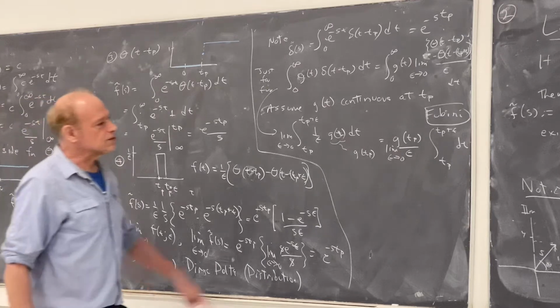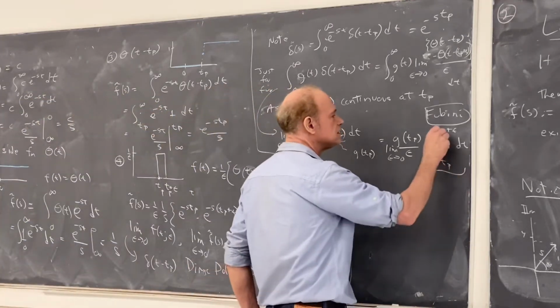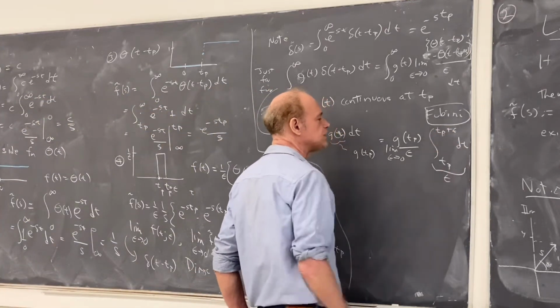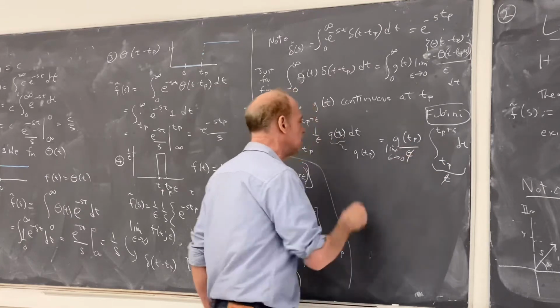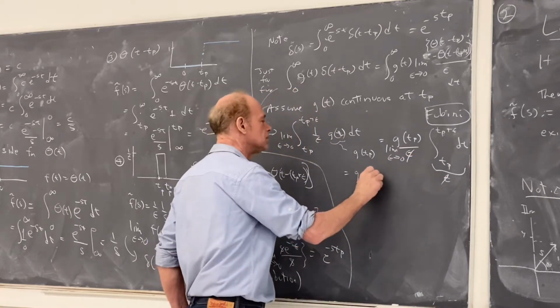Well, this integral is just tp plus epsilon minus tp, which is epsilon. The epsilons cancel, and I just get g of tp.